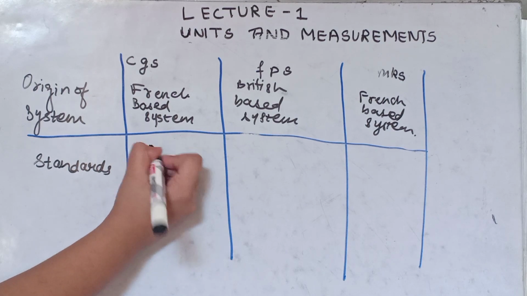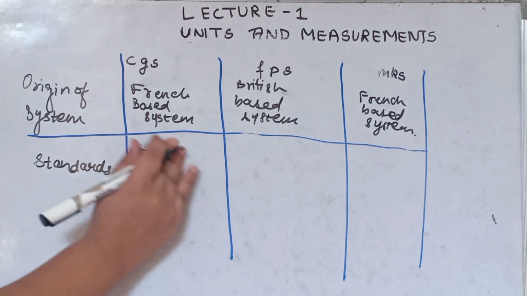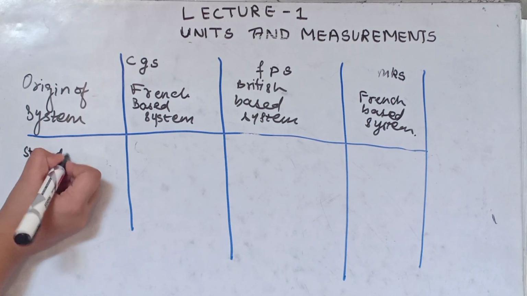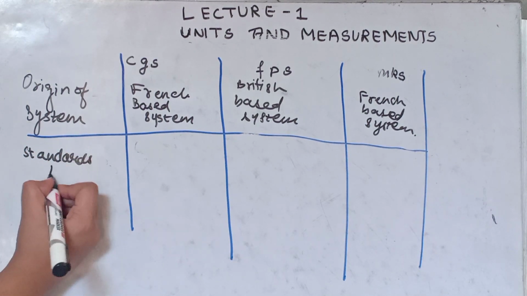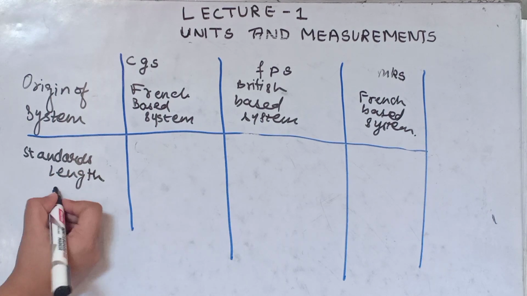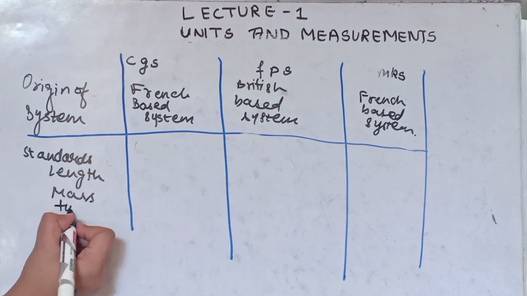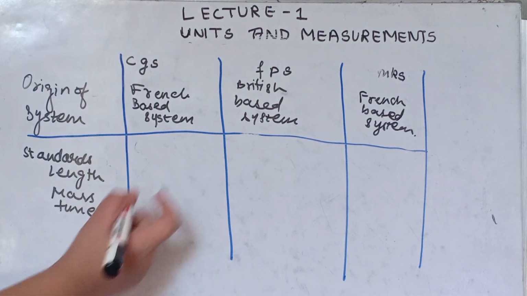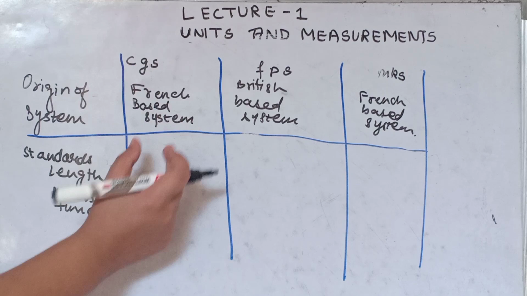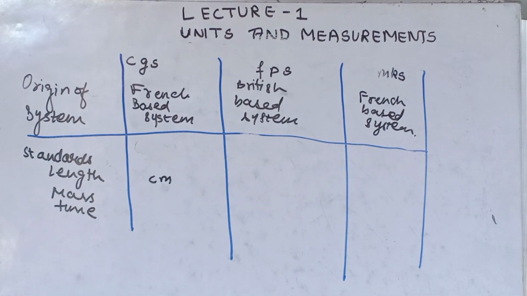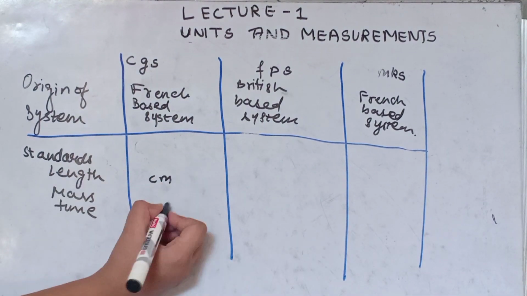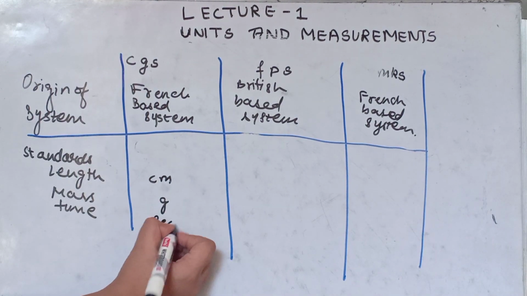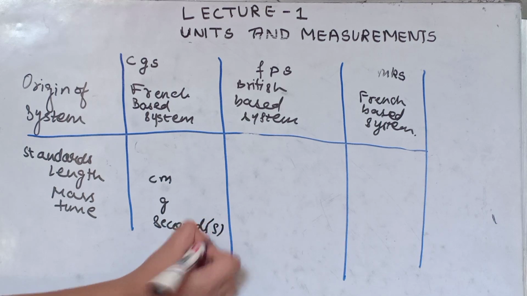So number 1 is length. Here we have length, mass, time. CGS: C means centimeters. According to this system, centimeter is chosen as the standard for length, grams for mass, and for time it is seconds, or simply s.